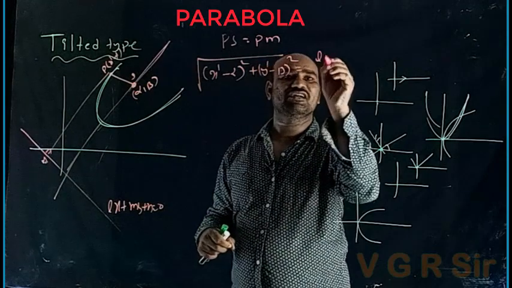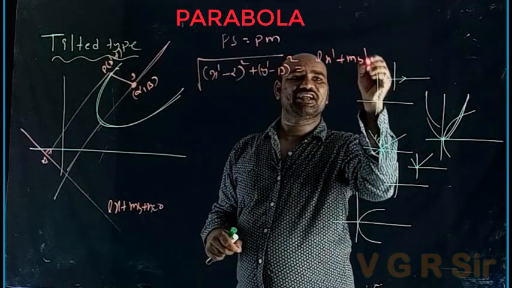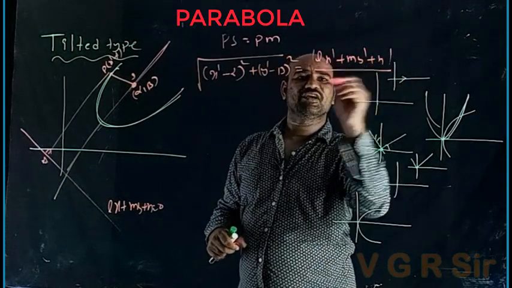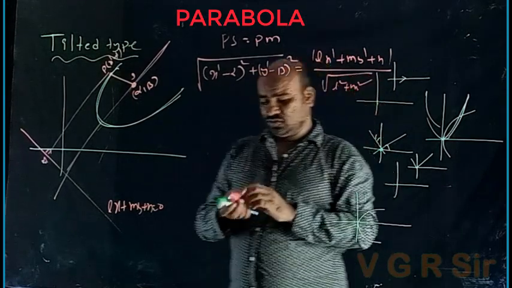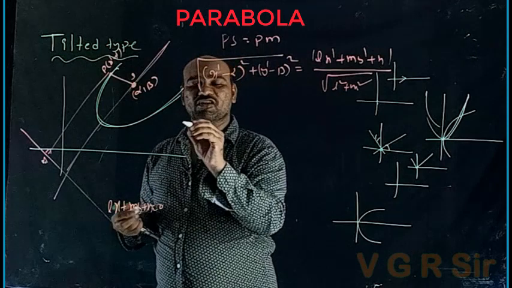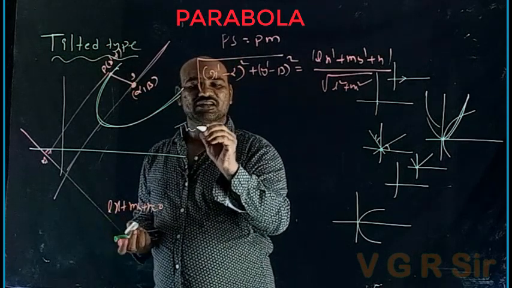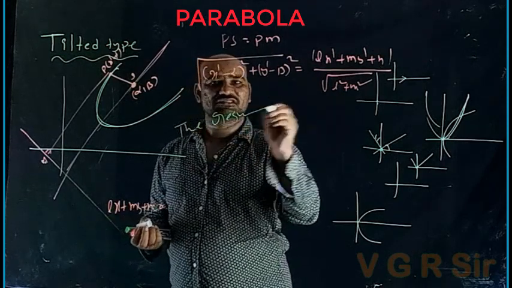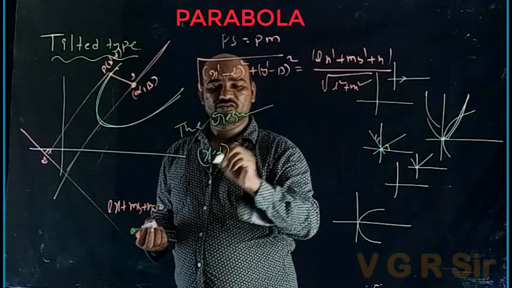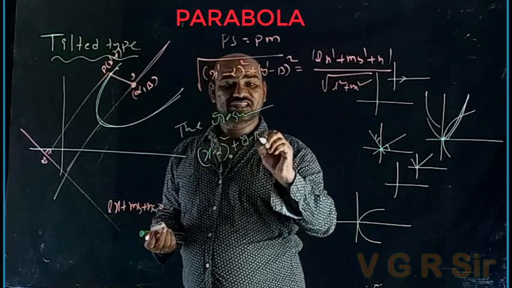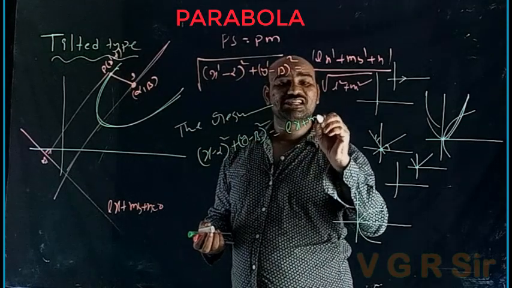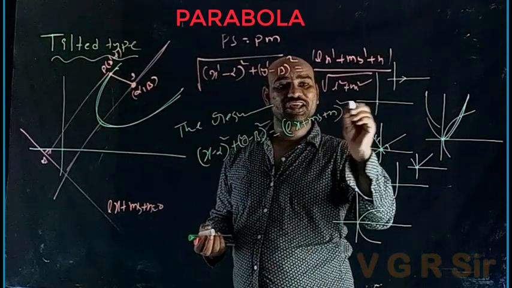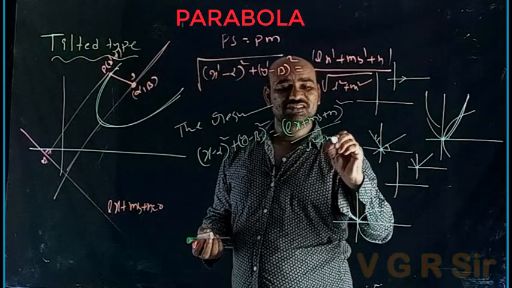Already we have the formula: Lx dash plus my dash plus n, mod, by root over L square plus m square. So I can write the required locus: x minus alpha whole square plus y minus beta whole square equals Lx plus my plus n whole square by L square plus m square.